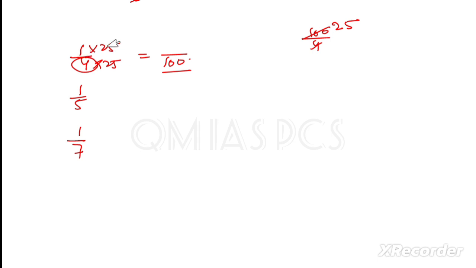If you multiply or divide by the same number, the fraction will not change, and that resultant fraction is an equivalent fraction of the original fraction. So here we get 25 by 100, which is an equivalent fraction of 1 by 4. Whenever the same number is multiplied or divided with both the numerator and denominator of a fraction, the value will not change; that is an equivalent fraction.